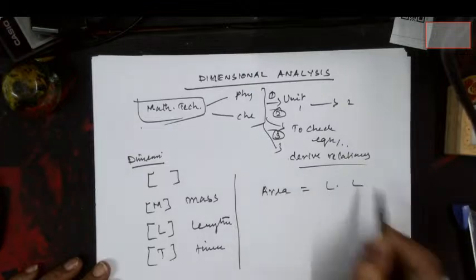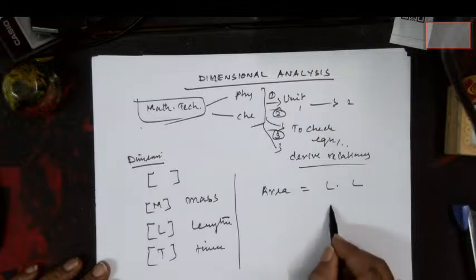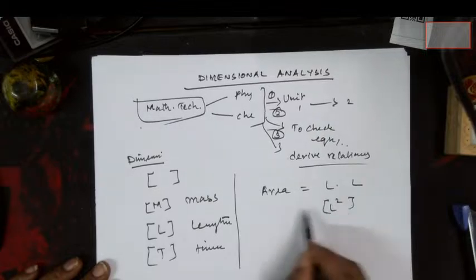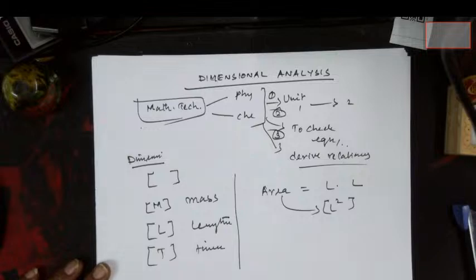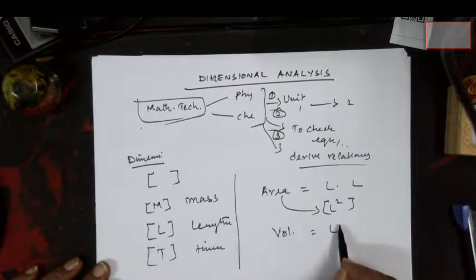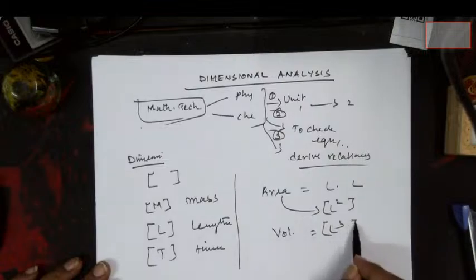Length into length, is it not? So in that case, you can put L square as the dimensional formula of area. Similarly, volume means L cube, is it not? So you can put simply L cube.